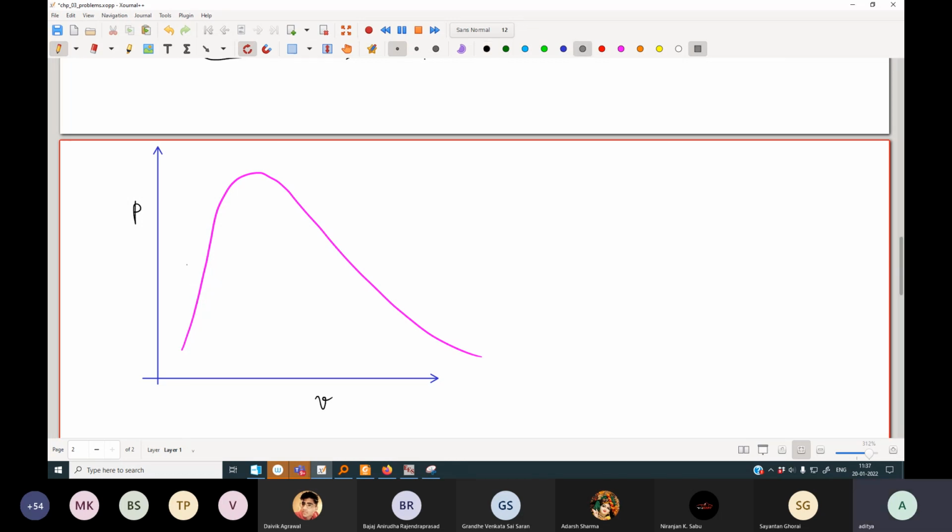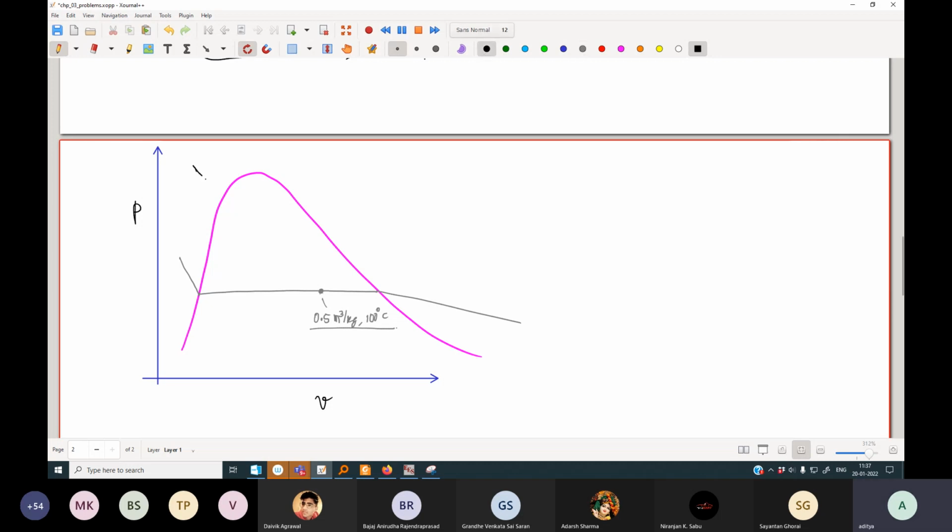We don't really want to know where the first point lies. The first point, 0.5 meter cube per kg and 100 degrees Celsius, most likely lies inside the dome. We don't care whether this is inside or outside.